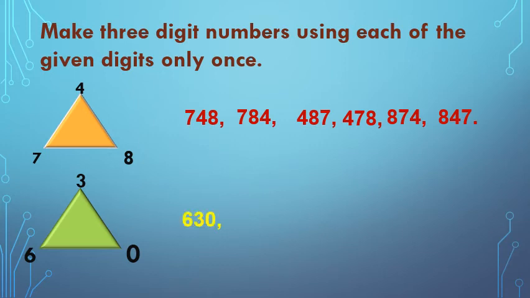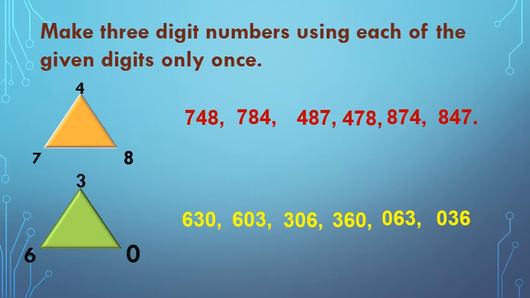See, same thing here. 630, then 603, second one 306 and 360. Next is 063 and 036. Is that right, students? No, the last two are wrong, because if 0 comes in the first place, then it has no value at all.